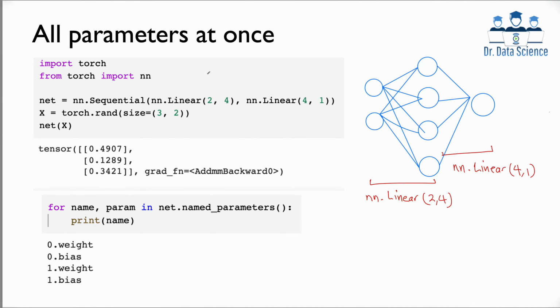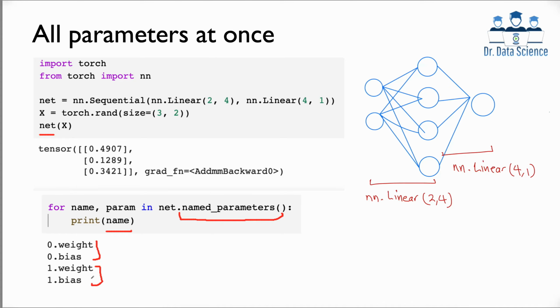Another useful method that you can use when you have your network defined is called named_parameters. What this gives us is a name and parameter tuple. The first item here is the name that I'm showing, because we have already seen the parameters for each of these different weights and biases. You can see that each of these parameters has a name: 0.weight, 0.bias, so these are for the first layer, and then we have 1.weight and 1.bias.